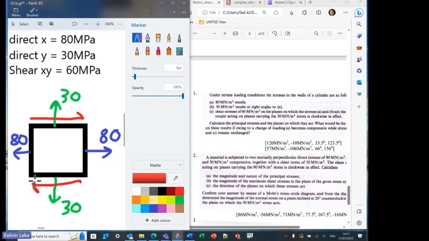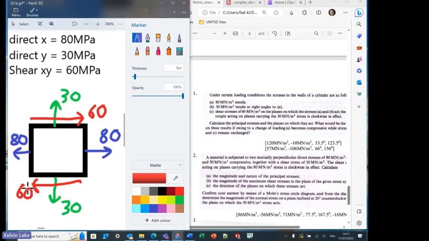So I've got 30 megapascals in that direction. 60 megapascals in that direction. And 60 megapascals in that direction.